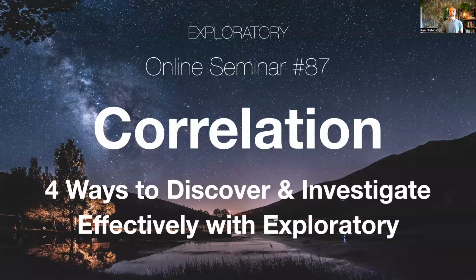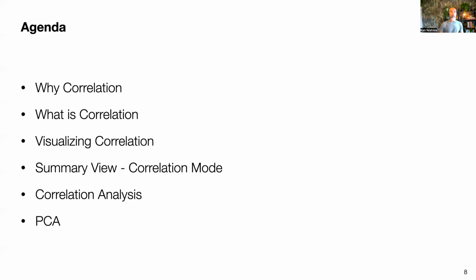Online seminar number 87, correlations. Today, I'd like to introduce 4 ways to discover and investigate the correlation effectively with Exploratory. Here's the agenda. I'd like to start with why you care about correlation and what correlation is. Then we go through those 4 ways, starting with visualization using charts.